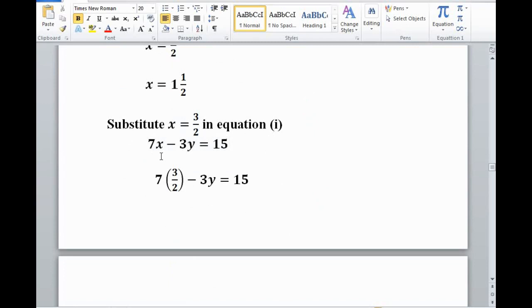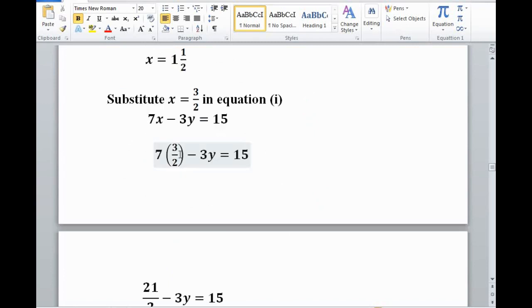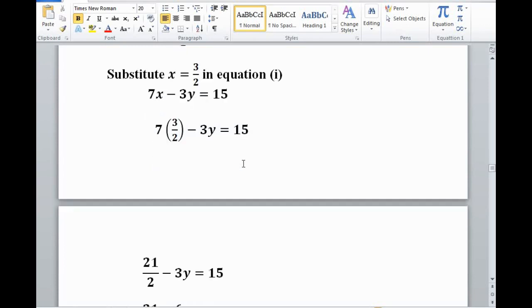Equation number 1 is basically 7x minus 3y equals 15. Now since we have the value of x, 3 upon 2, I'm going to substitute 7 times 3 upon 2, negative 3y equals 15.